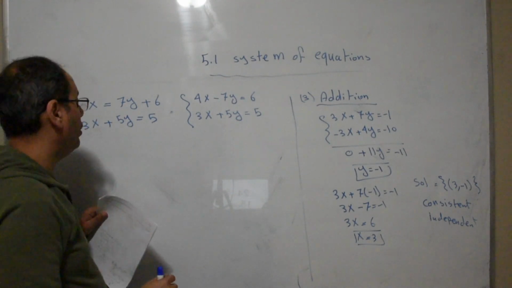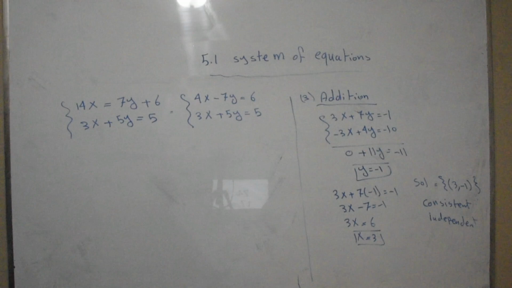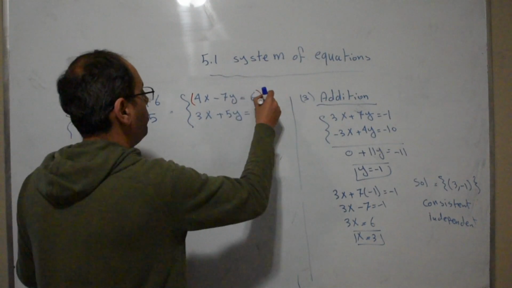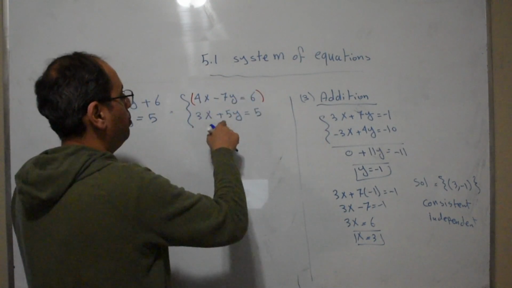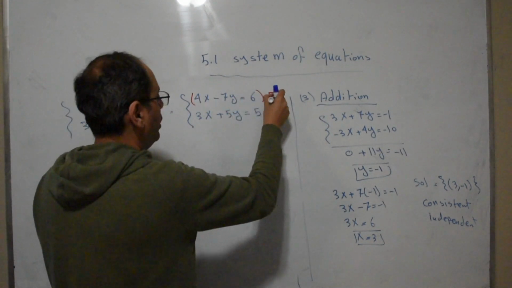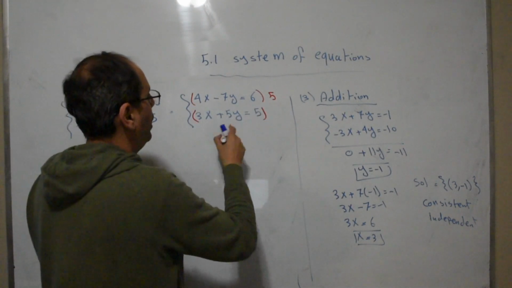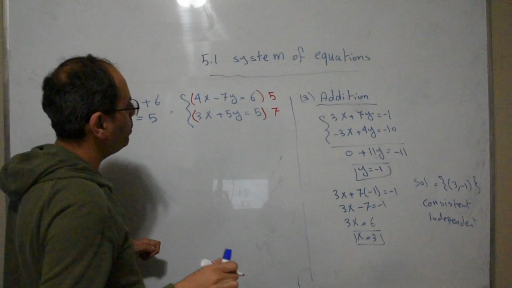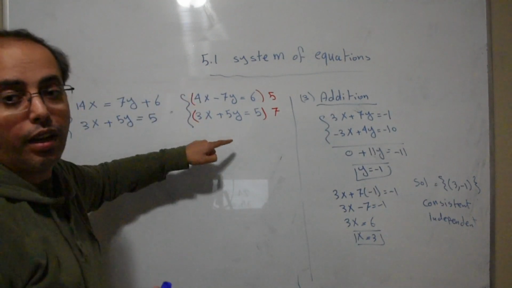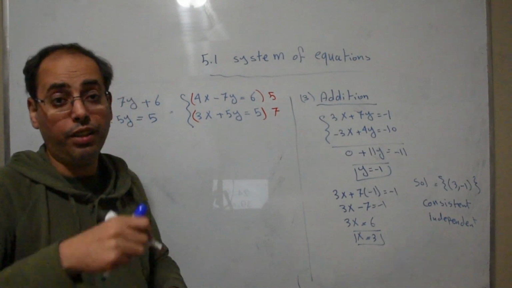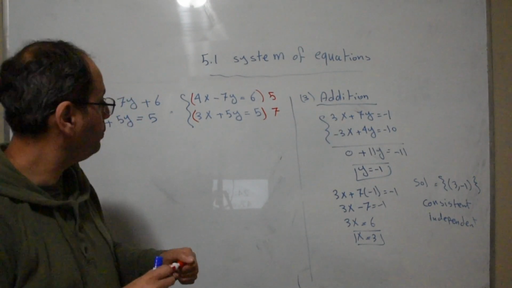Let's see that. I multiply the whole equation by 5, and this whole equation I'm going to multiply by 7. Sometimes negative 7, if they have the same sign, so I need to have one positive and one negative. So when I add them, they'll cancel out.